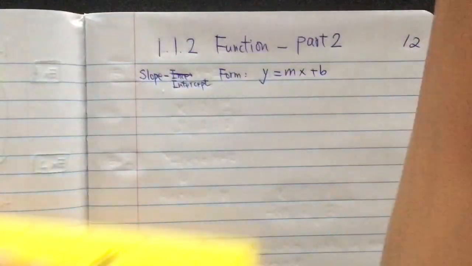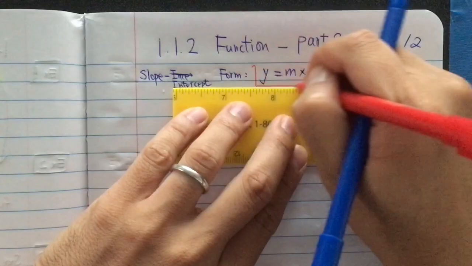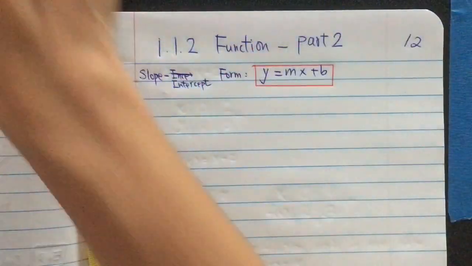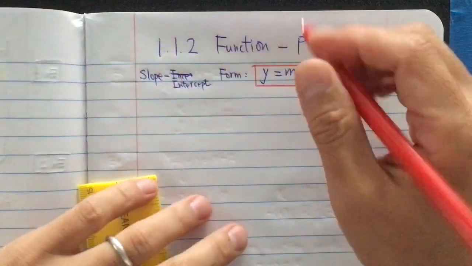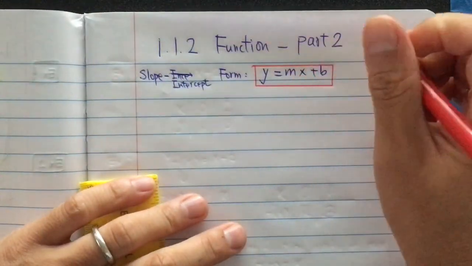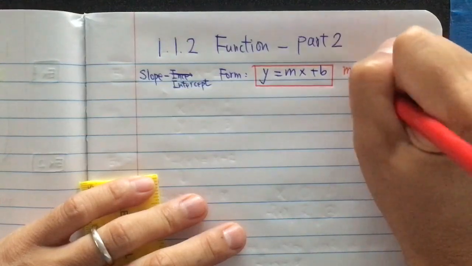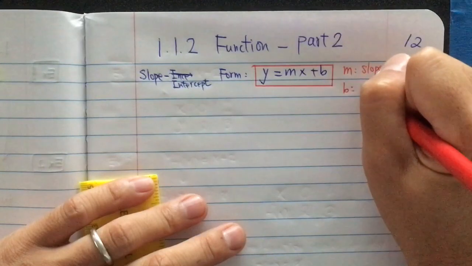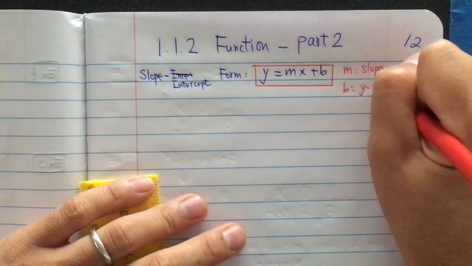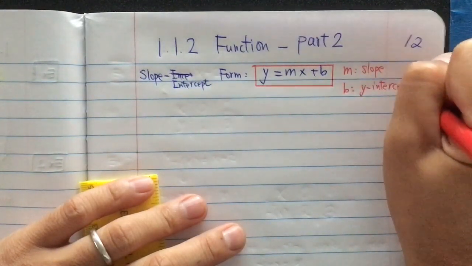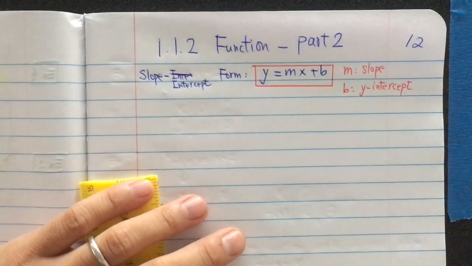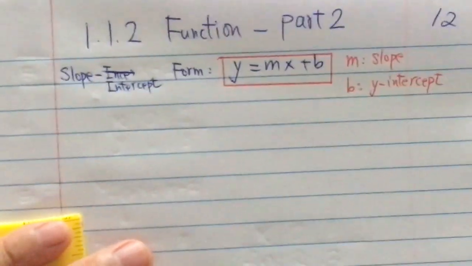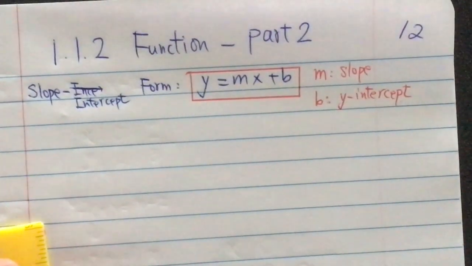This is very, very important, so please box it. m is the slope, and b is the y-intercept. I believe you learned this before, right? So this is slope-intercept.